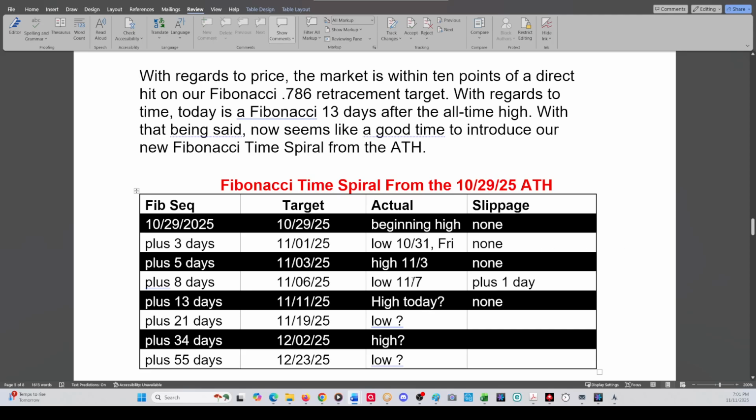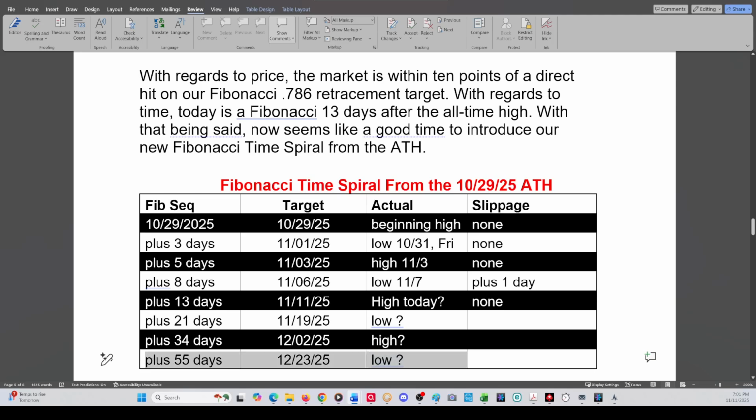If it keeps alternating highs and lows, you can see low, high, then we might expect a low on the 19th, which is 8 Fibonacci days from the 11th, and then a high on the 2nd, and then a low right around Christmas.